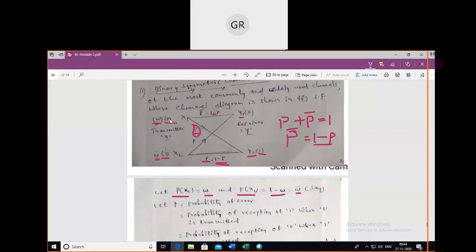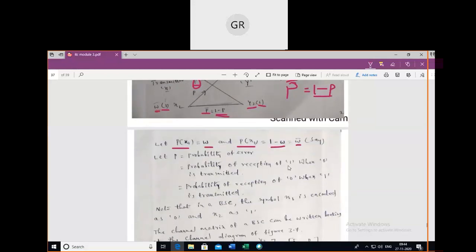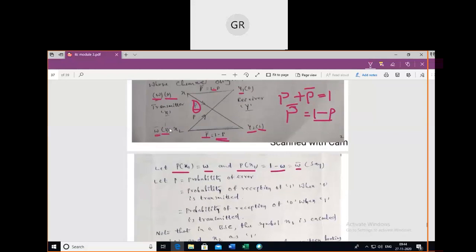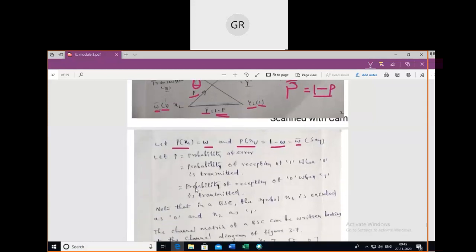Here we send the signal 0. What do we get here? Output as 1. That's why it is the probability of reception of 1 when 0 is transmitted. Similarly, when 1 is transmitted we get 0. That is the conditional probability P, the probability of reception of 0 when 1 is transmitted.